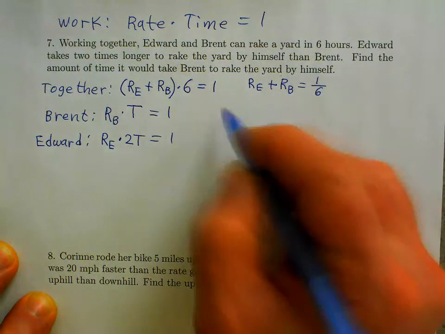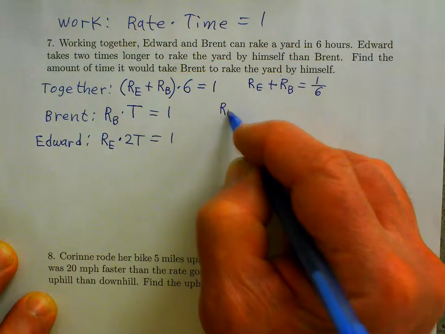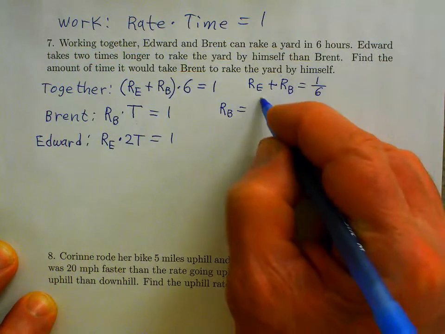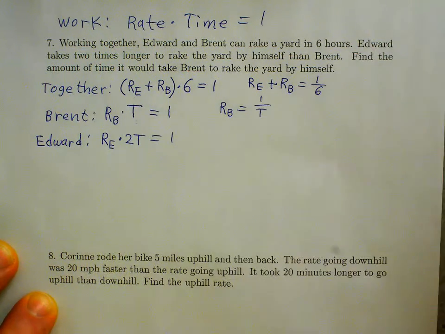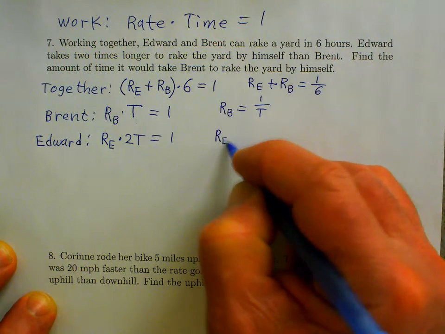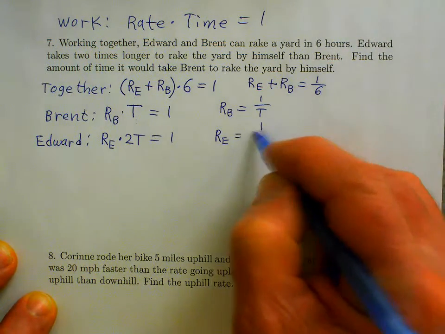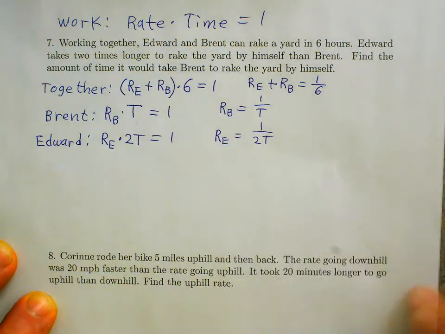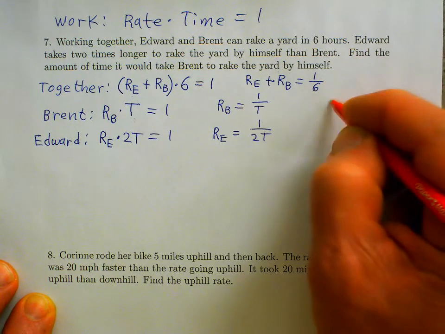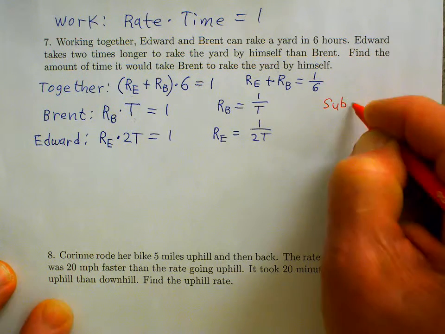Brent's rate, we divide both sides by the time, capital T. So Brent's rate is 1 over capital T. And Edward's rate is 1 over 2T. And now we substitute again. So I'll just remind you, substitute.